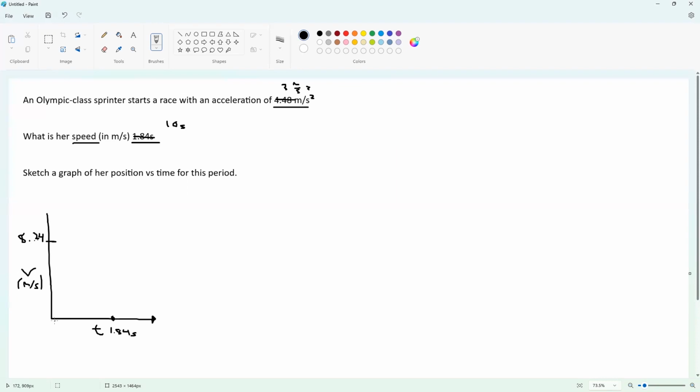What was her velocity at t equals 0, at the very beginning of the race? It was 0. That is correct.